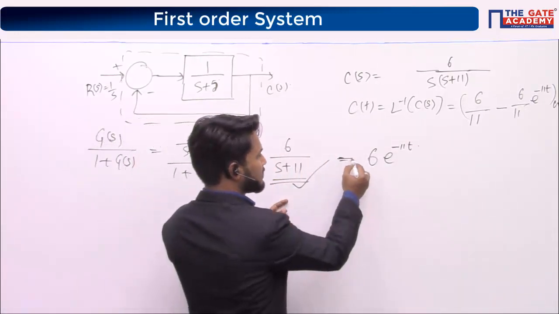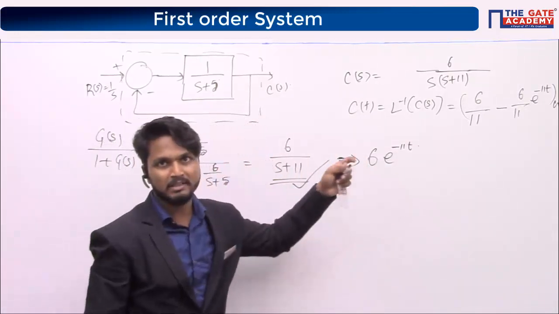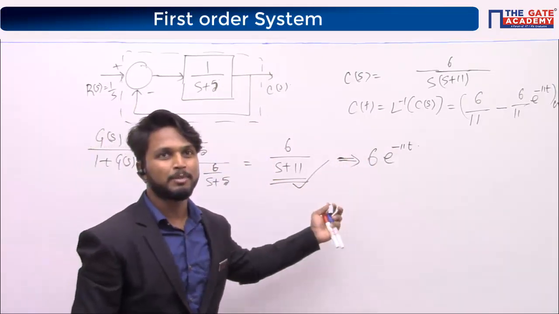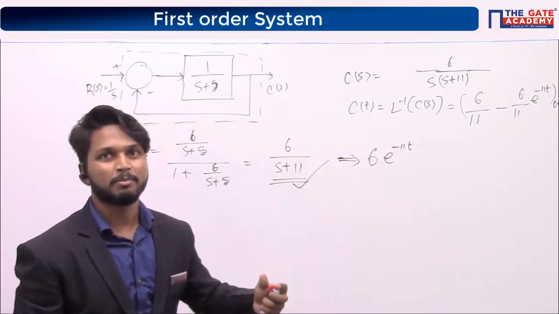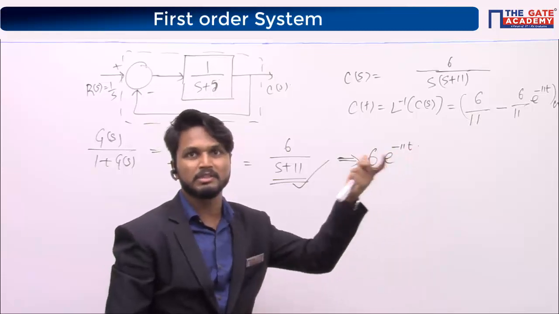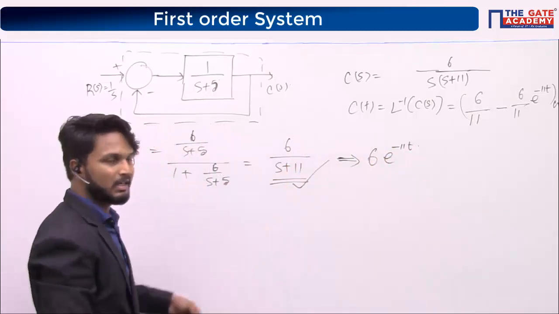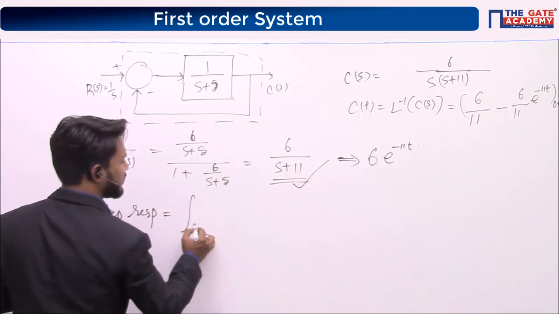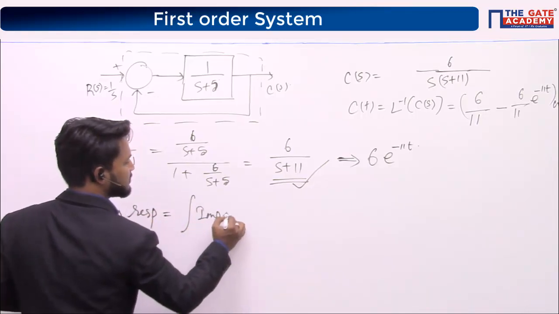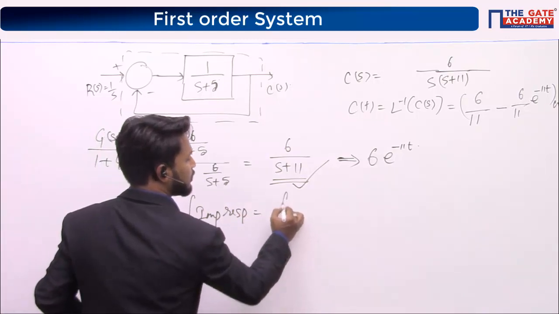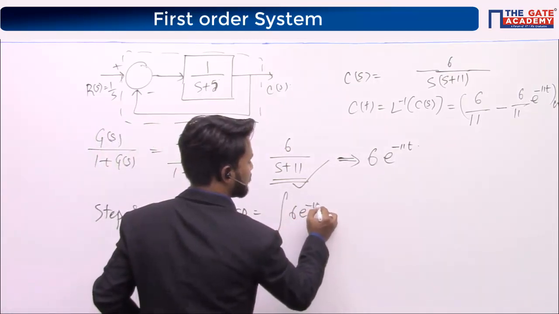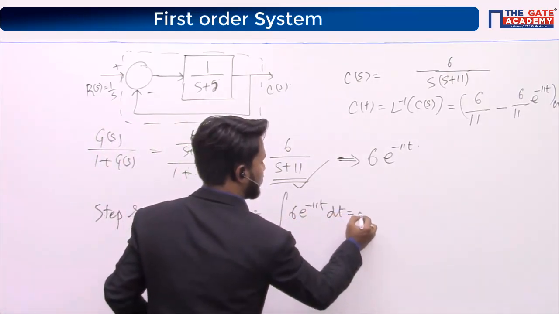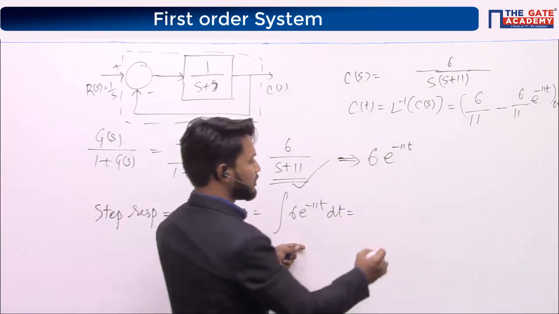If you have the impulse response in your hand, what is the step response? Integration of the impulse response is nothing but the step response. Just integrate: step response is the integral of 6 e power minus 11t dt.